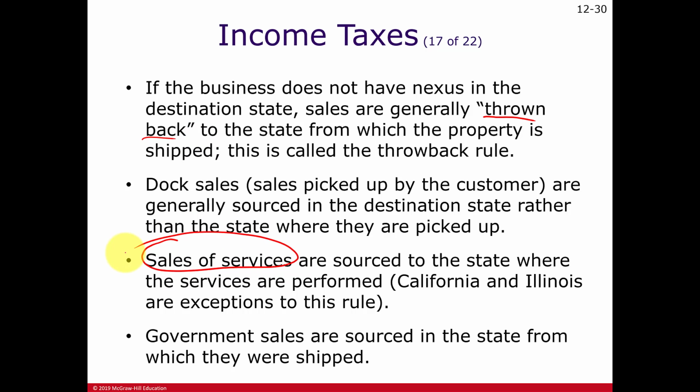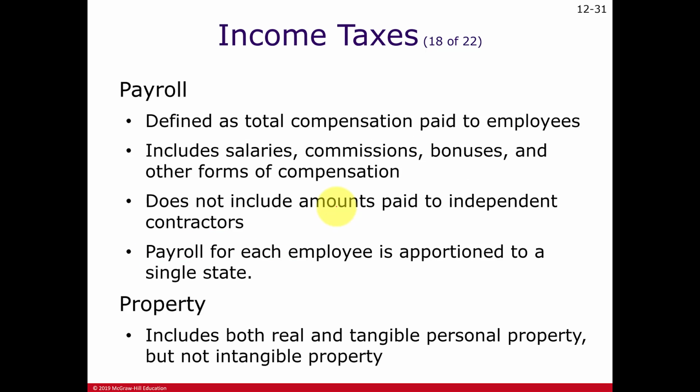Sale of services may be used in calculating economic presence, but then we're only going to tax the income based on net income and not necessarily just sales of services. So the second factor was employees. So we take a look at the gross amount being paid to all employees.